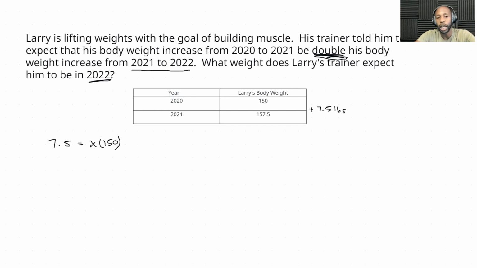I could put X over one. Anyway, let me just kind of back up and then I'll explain this later before I mix myself up. All right, so let's solve for X here by dividing both sides by 150.